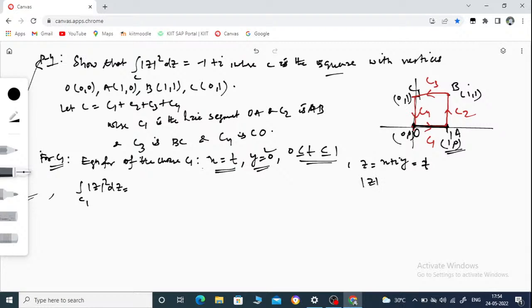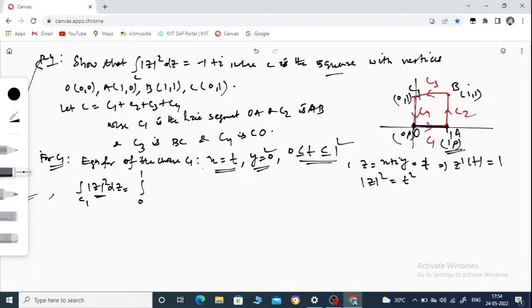Then what will be mod z square? Mod z is equal to t, then mod z square is t square. Then if z is equal to t, what is z dash t? This will be 1. So if I write integration over C1 and convert this in terms of t, t varies from 0 to 1.